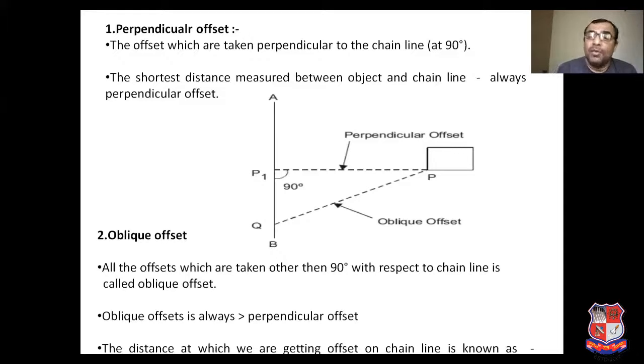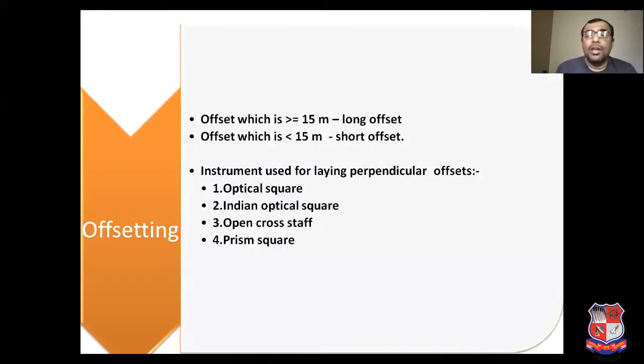The value of QP, the offset distance of the oblique offset, is always greater than the distance P1P, that is the perpendicular offset distance. Offsets which are greater than or equal to 15 meters are considered long offsets, and offsets which are less than 15 meters are considered short offsets.